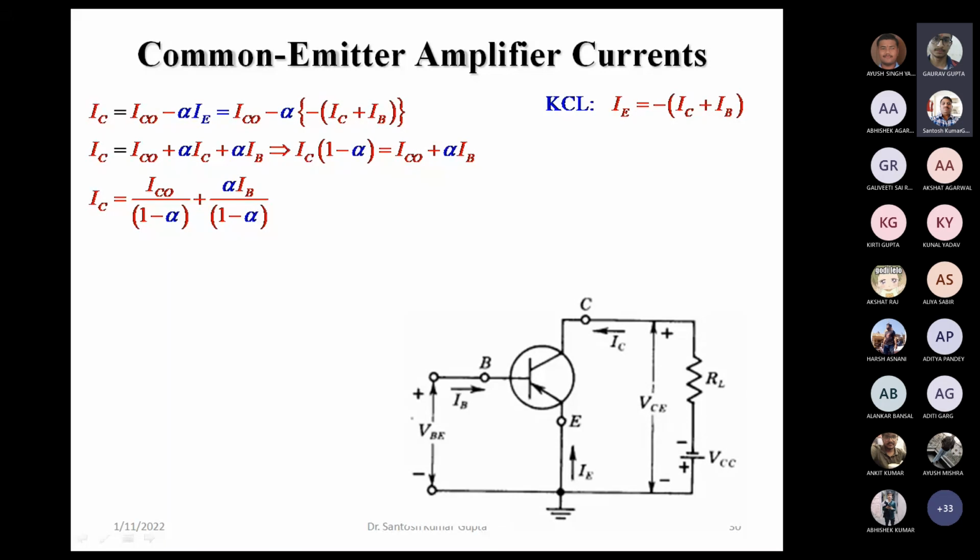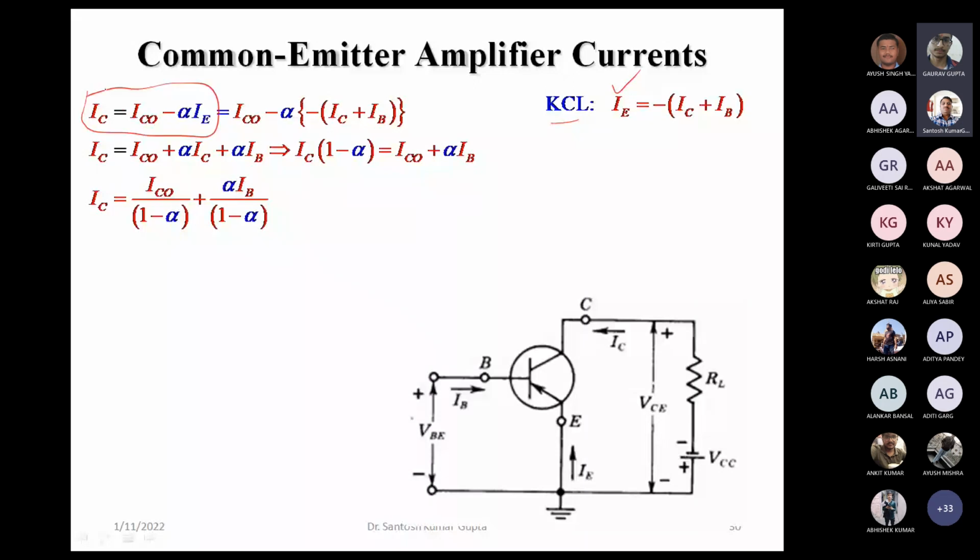From the transistor equation, IE is equal to IC plus IB, and this is due to KCL.